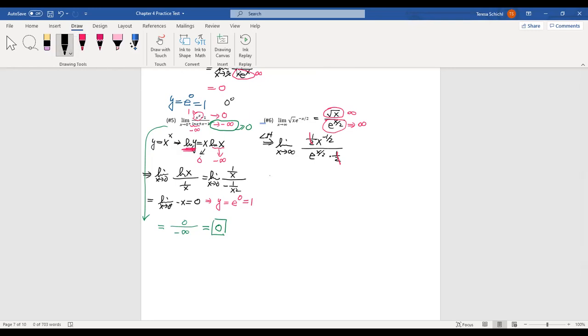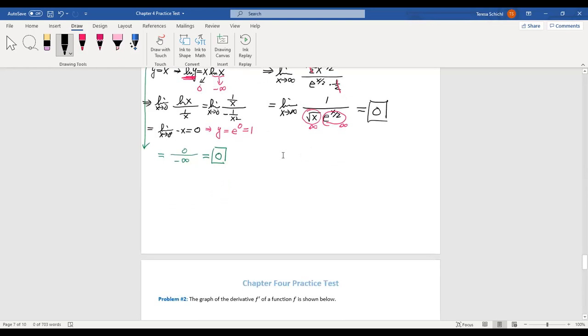Then this becomes the limit as x approaches infinity of 1 over square root of x times e to the x over 2. What happened here? This will be infinity, this will be infinity, so it's 1 over infinity. So what is this? This is 0, right? So the limit here is 0.